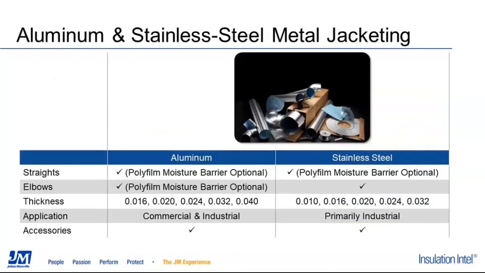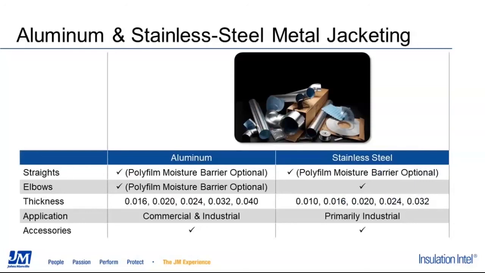So looking at the high level for our aluminum and stainless steel offering, we offer both straight and elbow pieces for aluminum and stainless steel. For many of the products, we have the polyfilm moisture barrier included as well. That's for aluminum, both straight and elbow, as well as straight pieces of stainless steel.